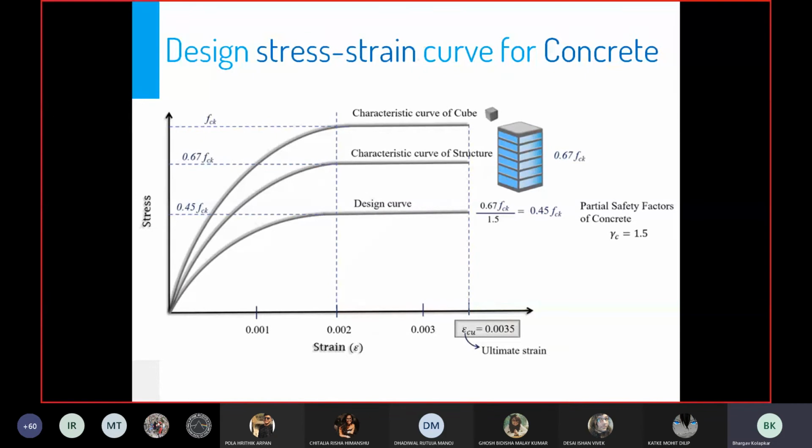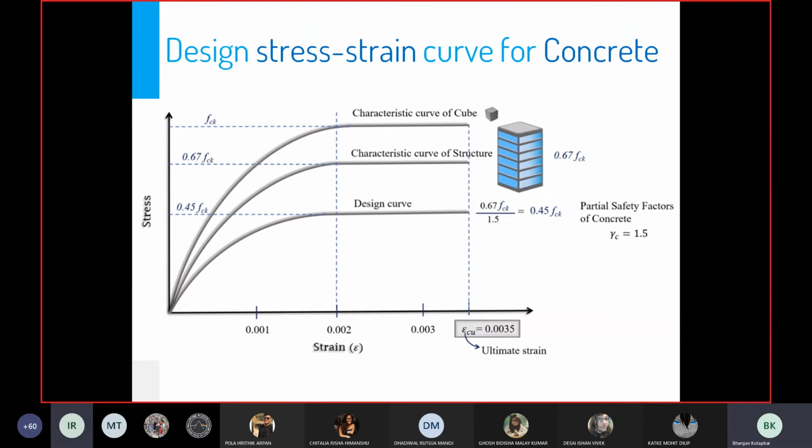Meaning that if my cube fails at 50 megapascals in the lab, I will assume that the same concrete will fail at 22.5 megapascals in an actual structure. And I will size my elements accordingly.